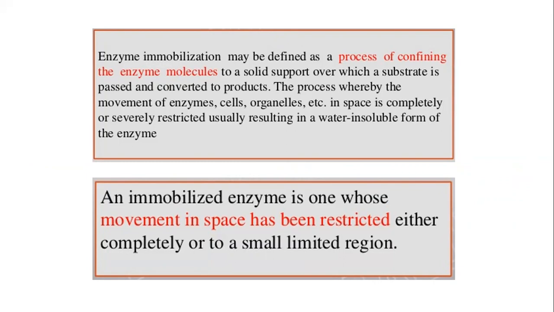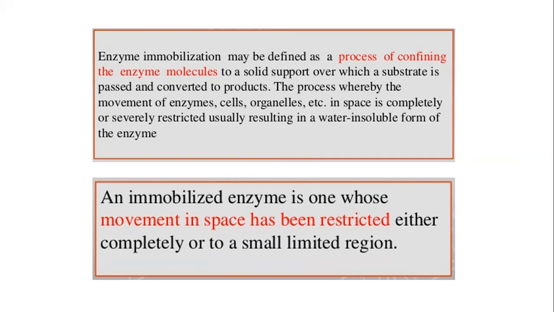And to develop a product from the substrate, the enzymes must be immobilized on a surface, so that the substrate moving through the surface of the enzymes ultimately gives the product. So enzyme immobilization is a process of confining the enzyme molecules to a solid support over which a substrate is passed to convert it to the product.